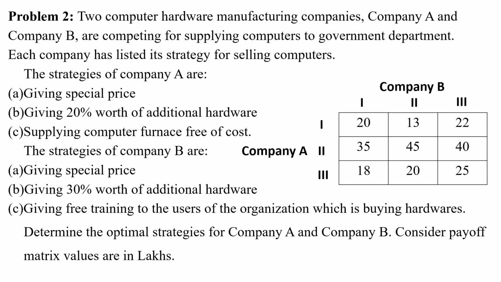The second strategy is giving 20% worth of additional hardware. Apart from the MRP, they are giving 20% worth of additional hardware. The third strategy is supplying computer furniture free of cost, whatever is required for that computer.